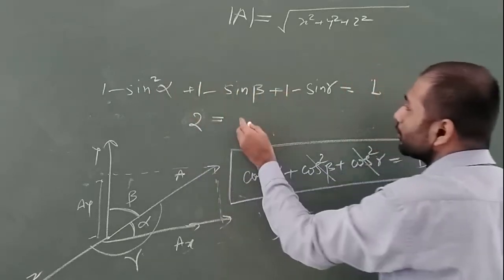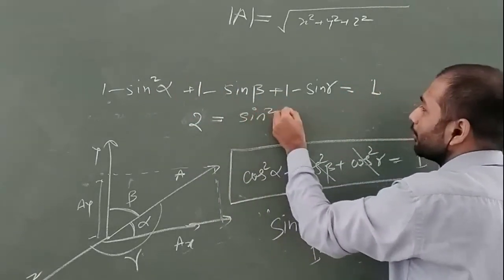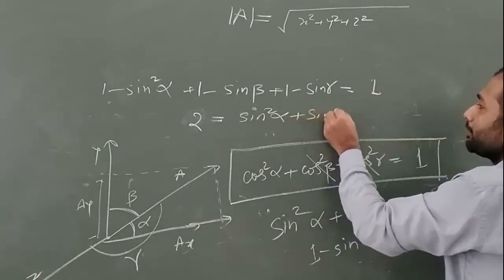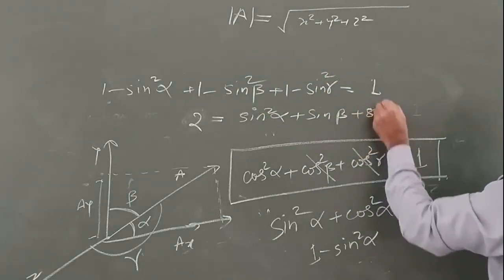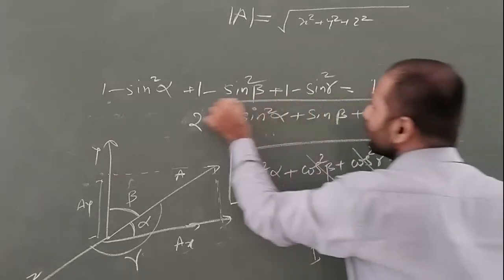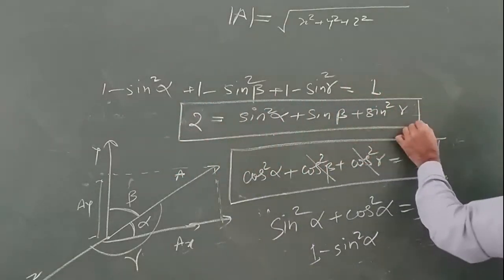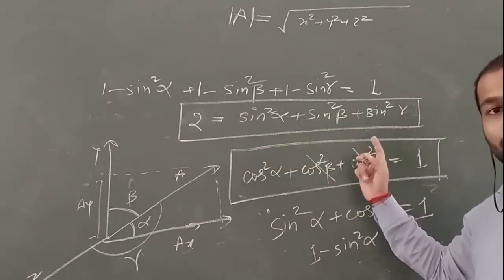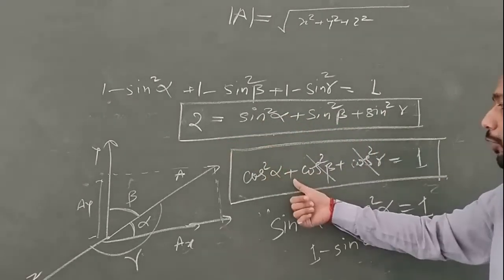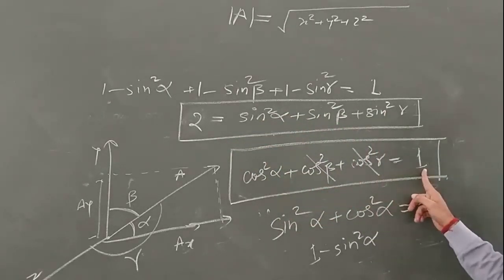And all the sine terms will come on the right hand side, that will become sin square alpha plus sin square beta plus sin square gamma. So this is again a conclusion in terms of sine. When you write in the form of sine, it will give 2. But if you want to write in cos, that will be 1.